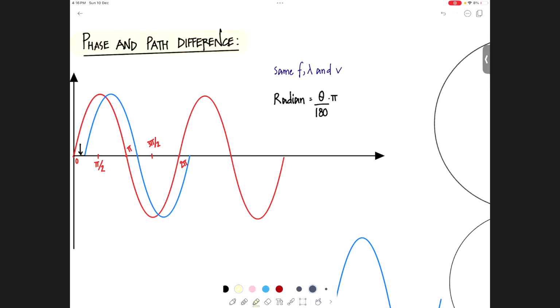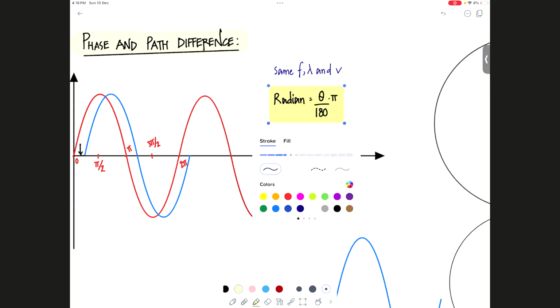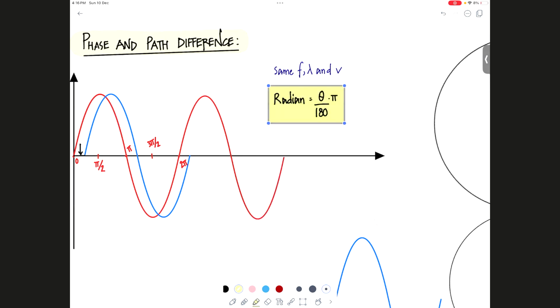You seem a little apprehensive. Okay, so that's how you give it. Your answer will always be in radians. You can't give it in degrees. Do they accept degrees in your exam? Sometimes they do, but they will always accept the radian mode. And that is what the conversion is.